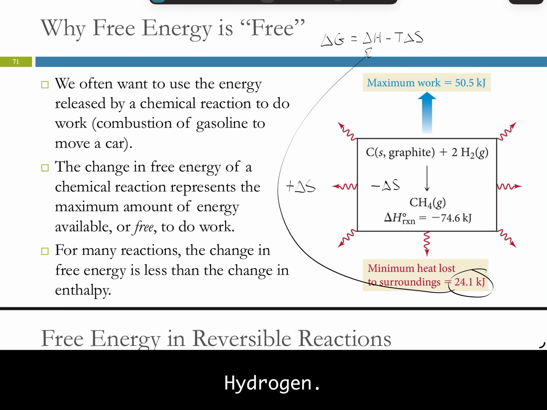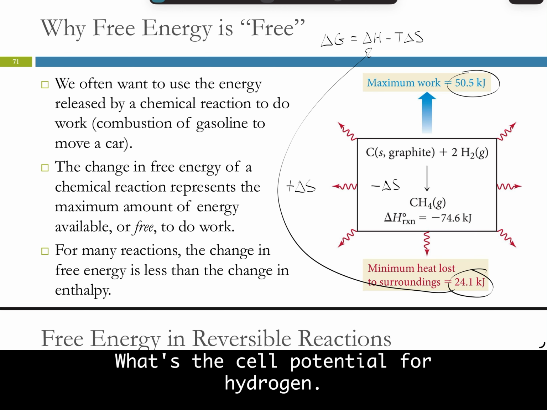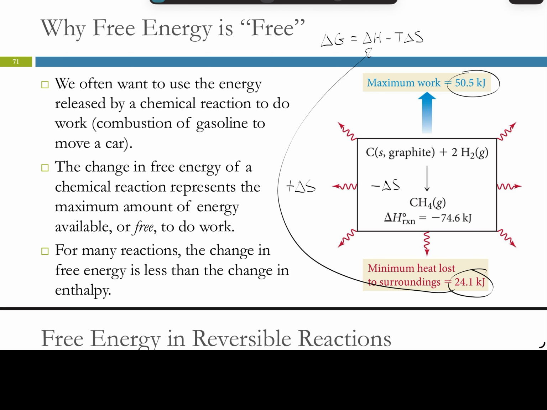Hydrogen. Because hydrogen here is plus, but here it's 0. So hydrogen is being reduced. What's the cell potential for hydrogen? 0. It's always 0.